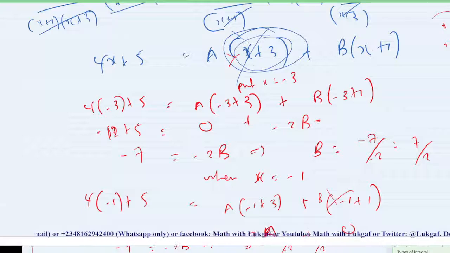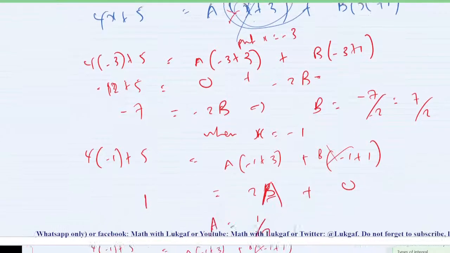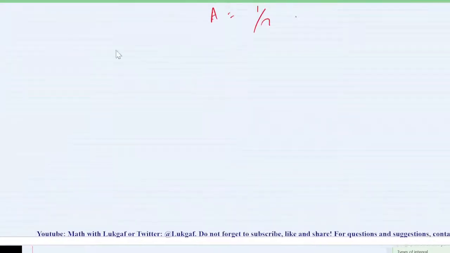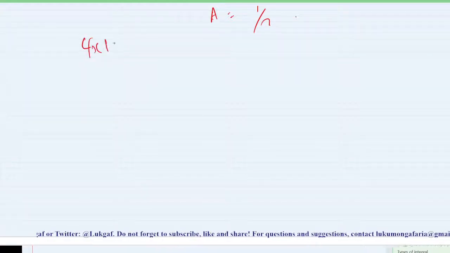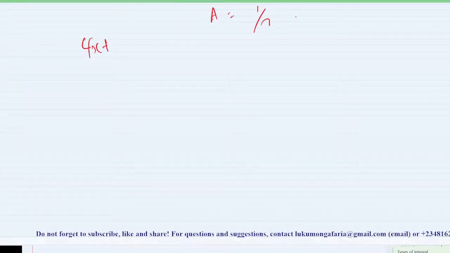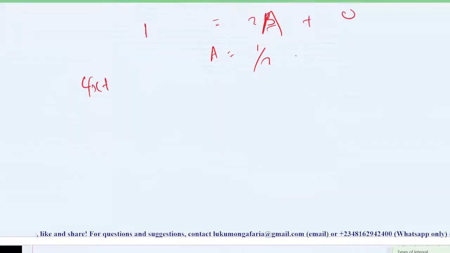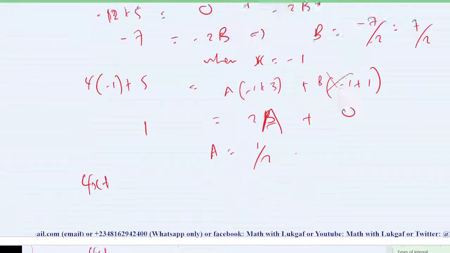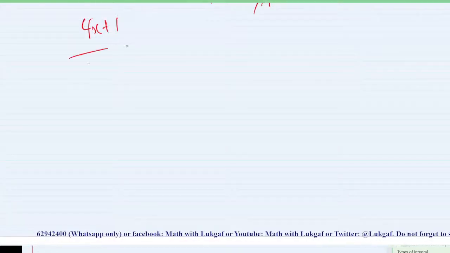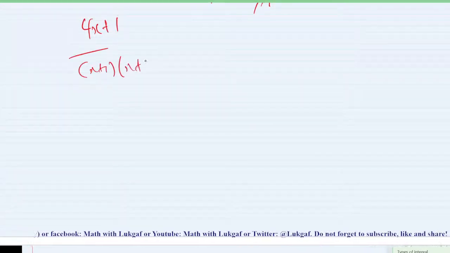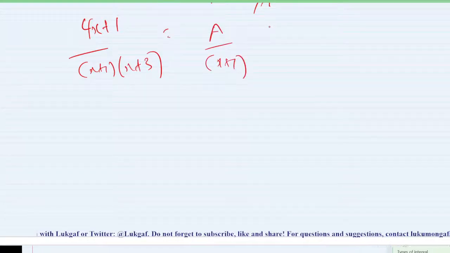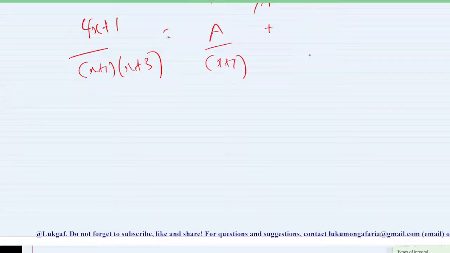Okay, now since we know already that 4x plus 5, I want to write the question again. 4x plus 5 over x plus 1, x plus 3. When we resolved it partially, we said it will give rise to a over x plus 1 plus b divided by x plus 3.